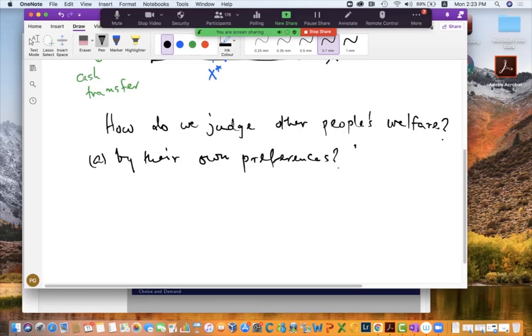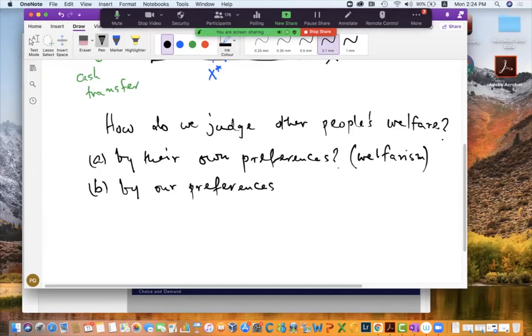So this philosophical view is called welfarism. We judge the welfare of others by their own utility function. But somebody else might say that we'll judge other people's welfare by our preferences for them. So in some sense, we are imposing some other utility function on them.